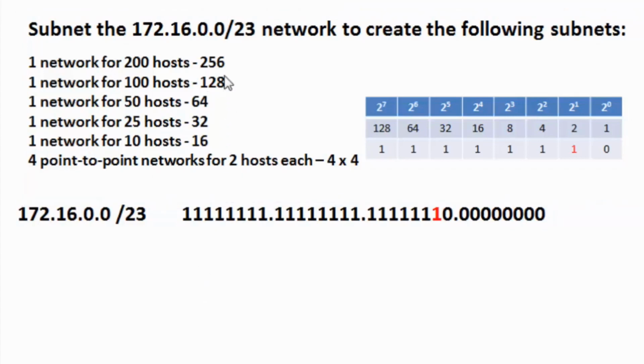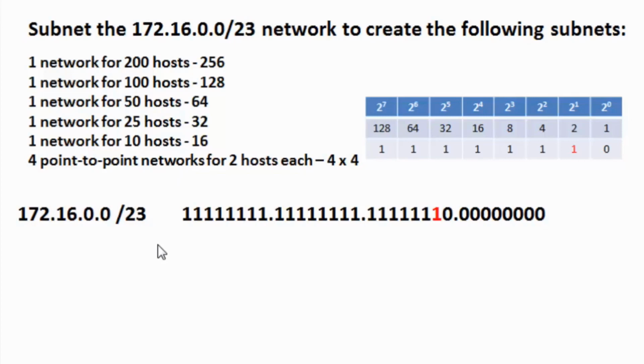Once again, these numbers for the subnet sizes do not reflect the usable host addresses, but the total number of addresses in the host portion of the subnet ranges, including the network address and the broadcast address. So let's get started subnetting this network using VLSM, variable length subnet masks, and working from largest subnets to smallest subnets in order to create all of the subnets required.